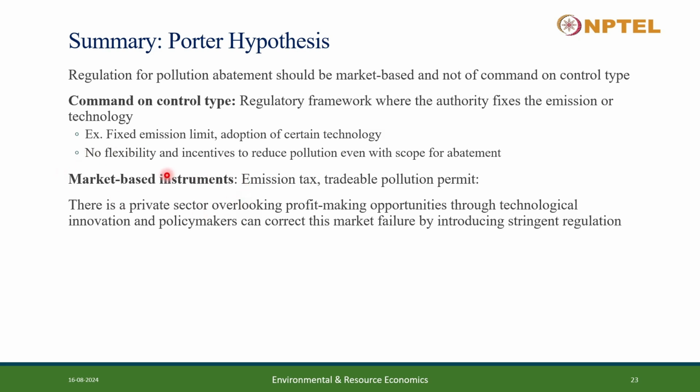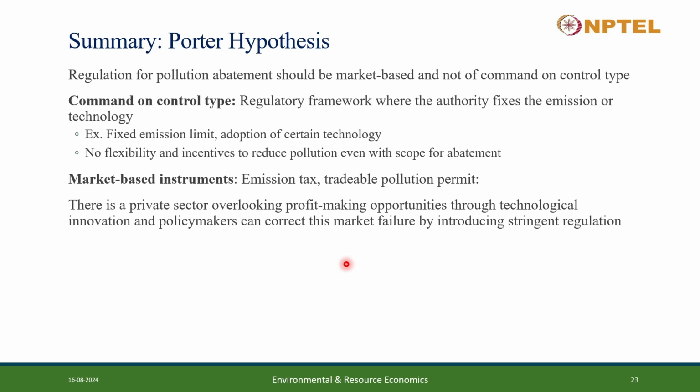In market-based instruments such as emission tax and tradable pollution permits, let's say a certain emission limit is set. Beyond the emission limit, if you are emitting, then you have to pay some penalty. However, if you are reducing emission below the limit, then you will get some credit which you can trade or which you will get as a profit. That is kind of a carbon tax.